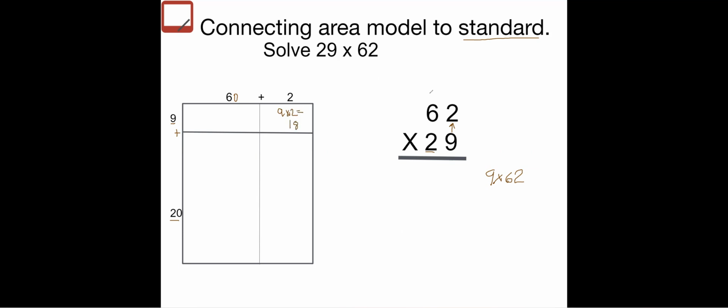We're going to carry our 1 and put down our 8. Next, we multiply 9 times the tens place, which is a 6. 9 times 6 is 54, plus 1 more, 55. So here we can multiply 9 times 60.